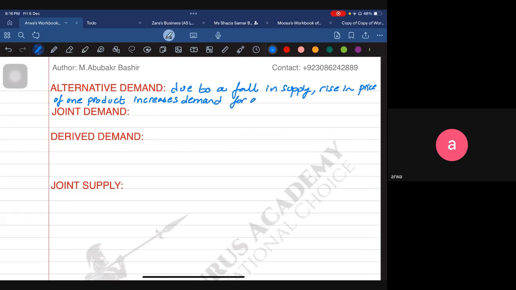So a product which is having a limited supply, you can shift to another substitute in that case. Yeah, the case of substitutes.